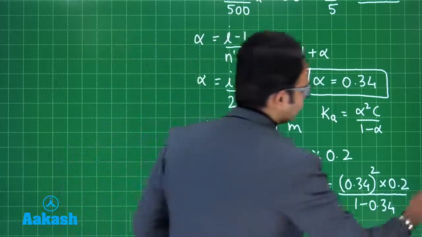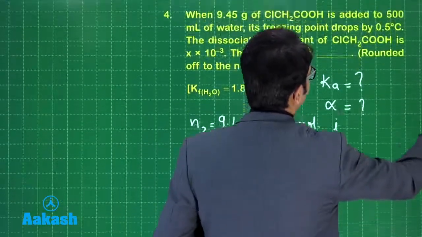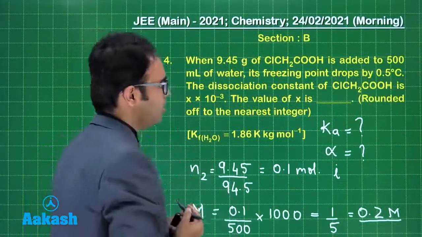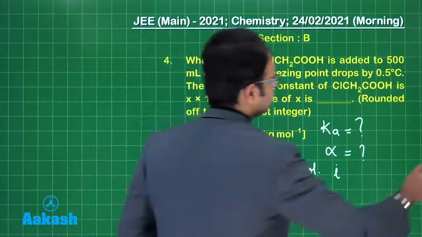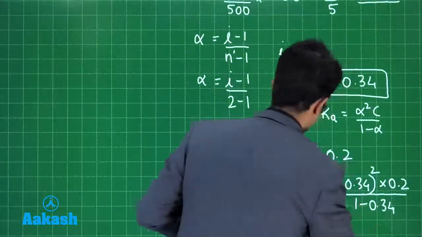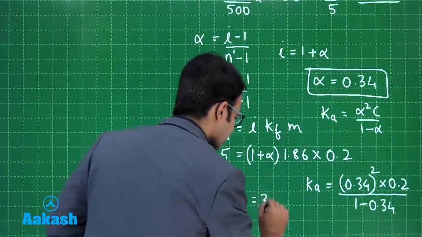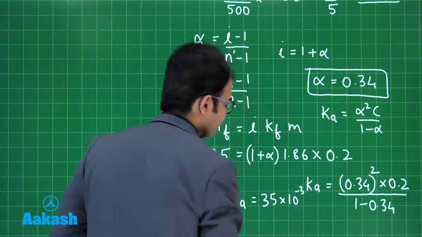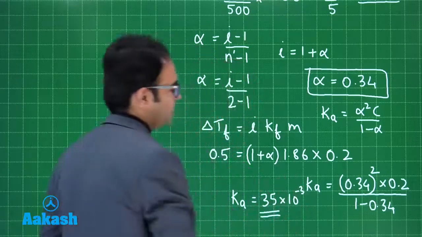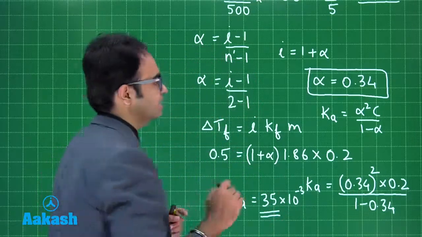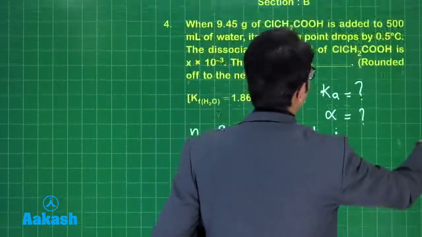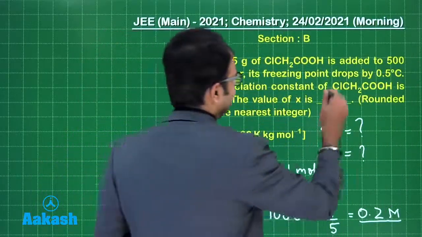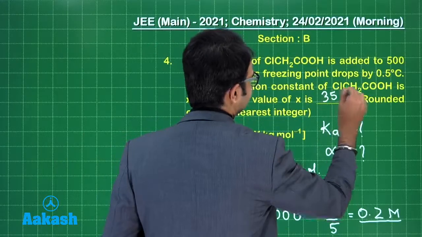We want the value of Ka in terms of x into 10 to the power minus 3. So on solving this, we will get the value of Ka as 35 into 10 to the power minus 3. So the answer to this question is 35, guys, right. Okay, so it was a lengthy sum, I'll say. You had to find out various things over here, and then we got the answer as 35.